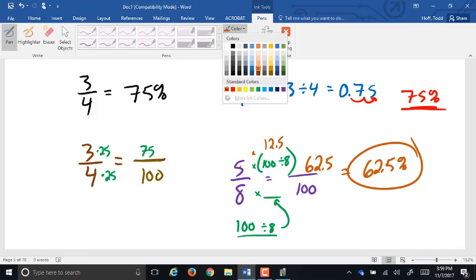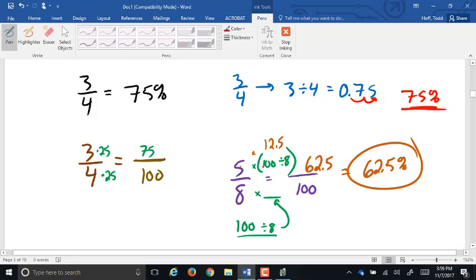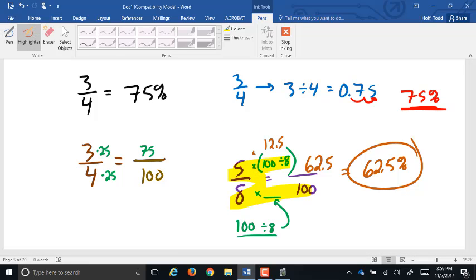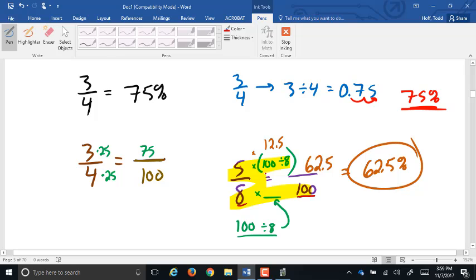Now there's a shortcut here, and it comes from what I did right in here. You'll see I took the 100 divided by 8, and then I multiplied the 5 by it. Well, it requires us to fudge our order of operations a little bit, but we can just do 5 times 100 and then divide by 8.